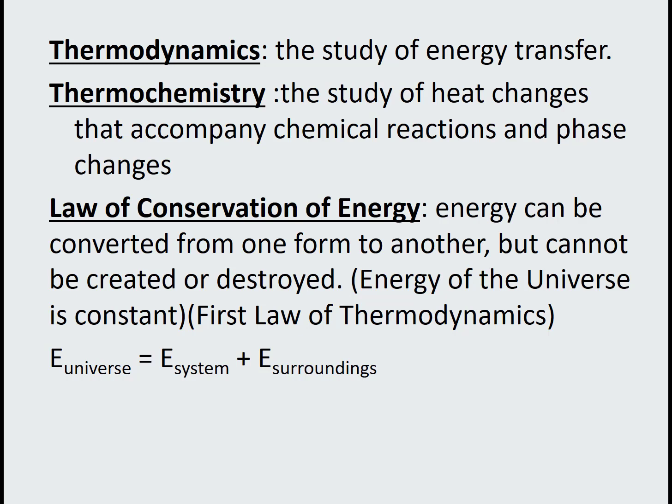So when we look at something in chemistry, we're studying a system. So this could be a chemical reaction in my beaker. Everything around that beaker is the surroundings, and altogether it makes up the universe.